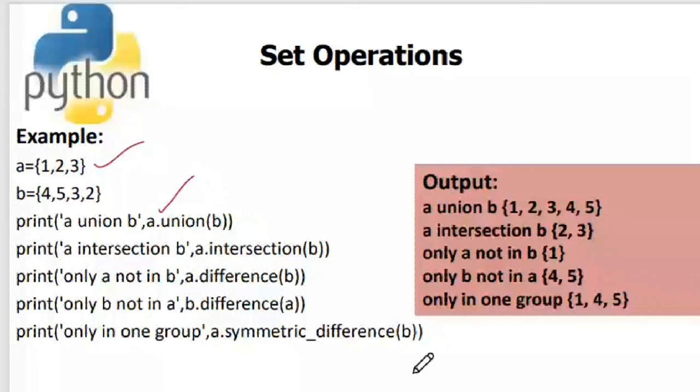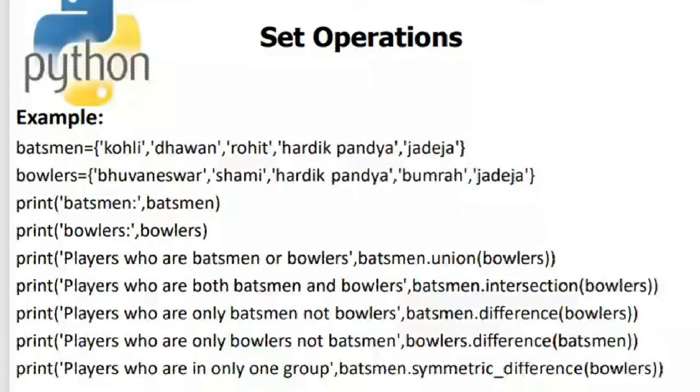So this is how I'm putting it in the program. Now we'll see another example, a practical, real-time example. Here we have the list of batsmen, and also we have the set of bowlers. Now we want to find the union, intersection, difference, and so on.